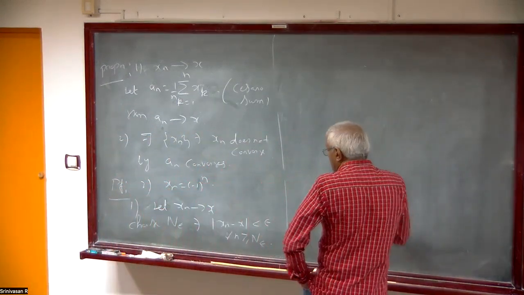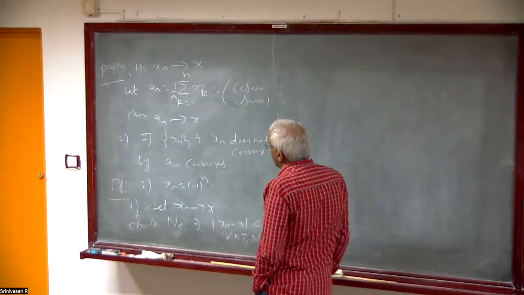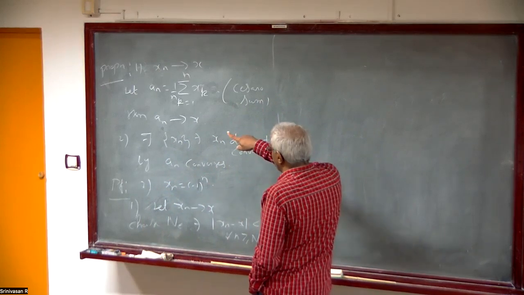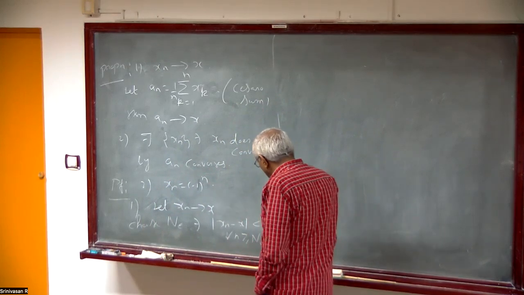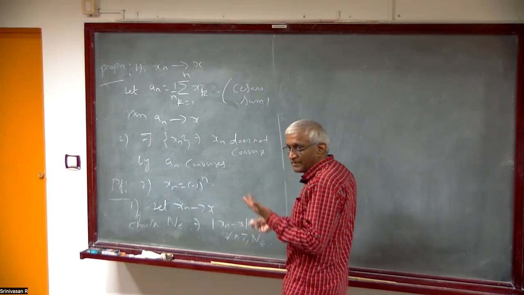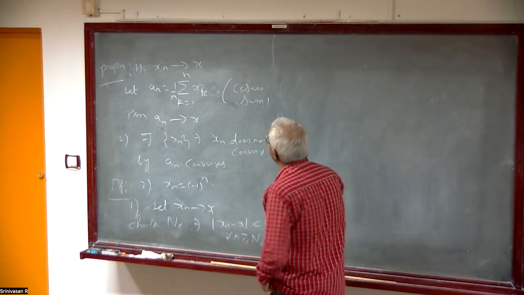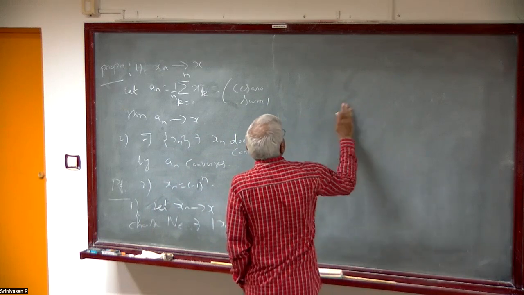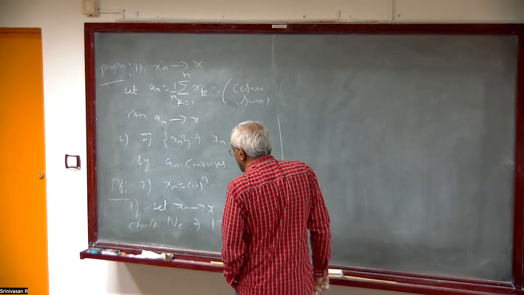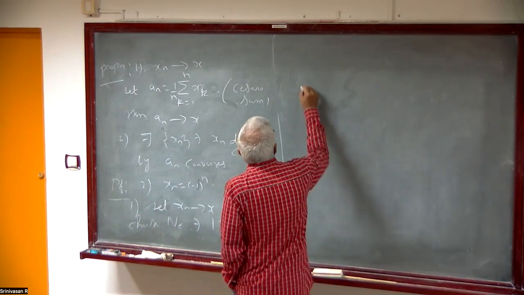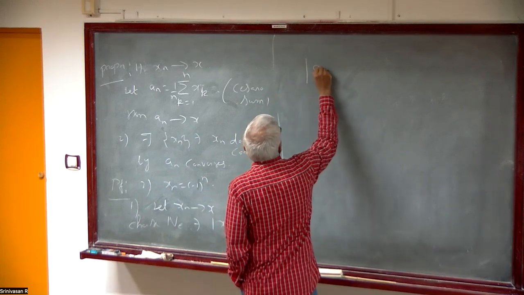Now we want to find another N prime epsilon or something for the a_n. That may not be less than epsilon, maybe epsilon by something, but that's also small when epsilon is small. So now we want to talk about a_n minus x.